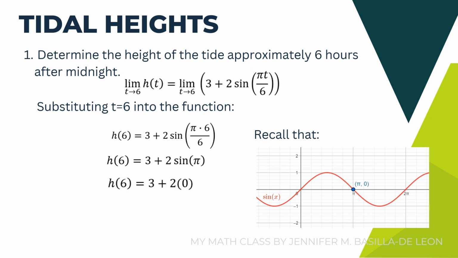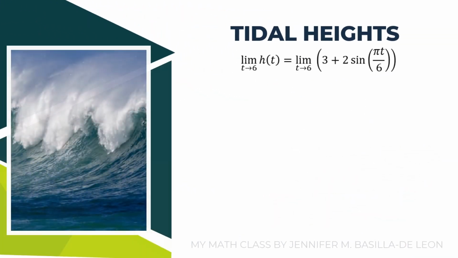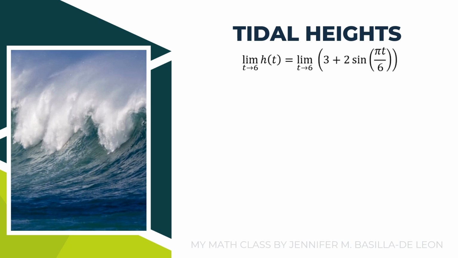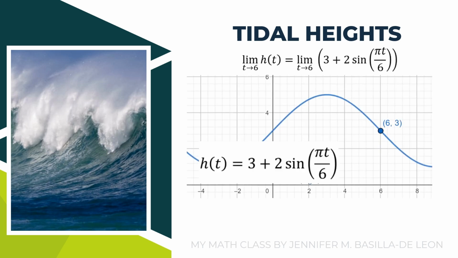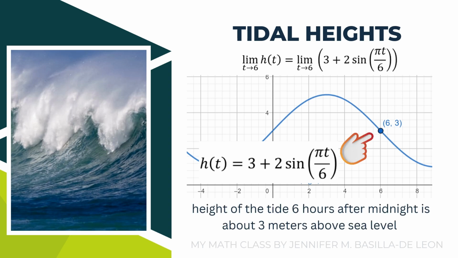So we will have 3 plus 2 times 0. Simplifying, we will have 3. So the tide is 3 meters above sea level 6 hours after midnight. You can also visualize this by plotting the graph of h of t, where you'll see that as t approaches 6, the tide is indeed 3 meters high.